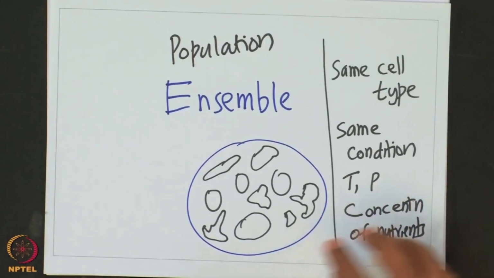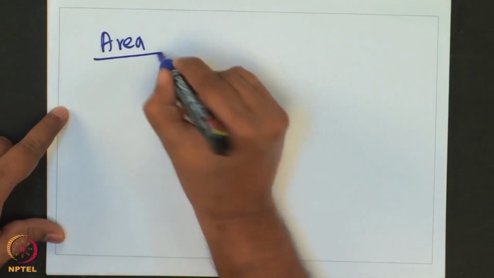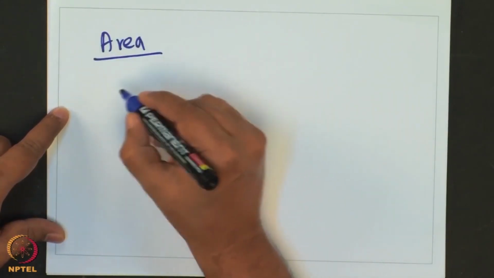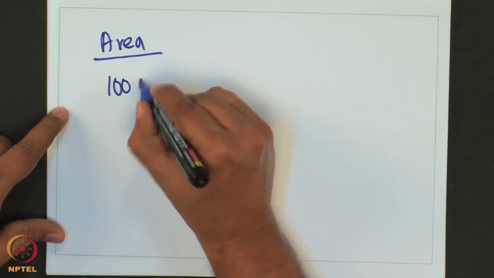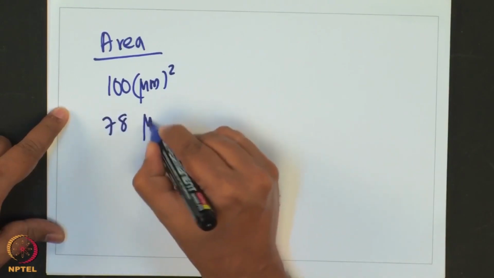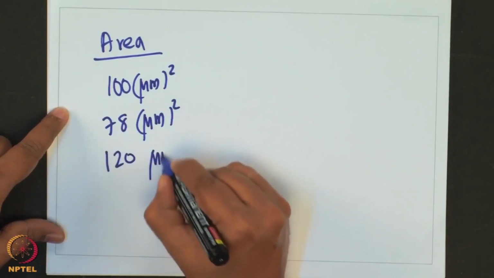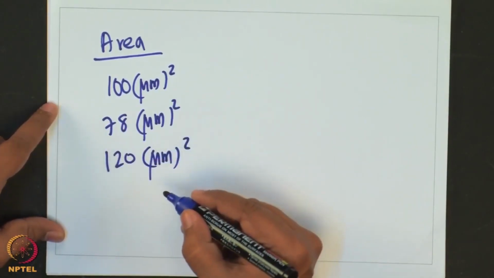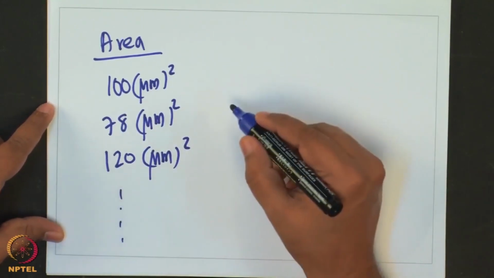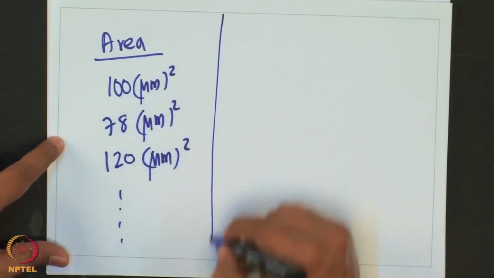Let us say you are measuring area; you would get numbers in micrometer square, like 100 micrometers square, or 78, or 120. These are typical examples, and you can get many numbers. If you have 100 cells, the more the cells, the more numbers you get.